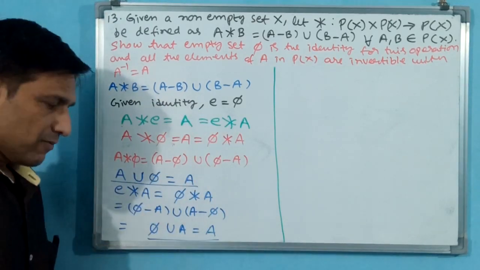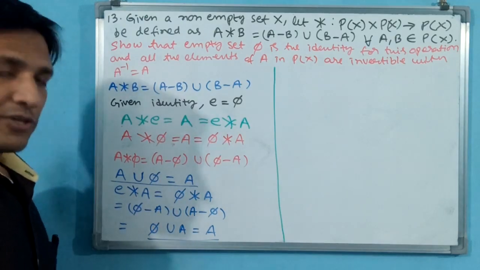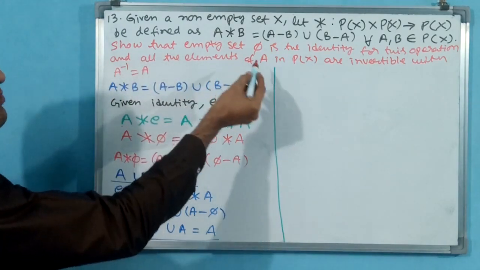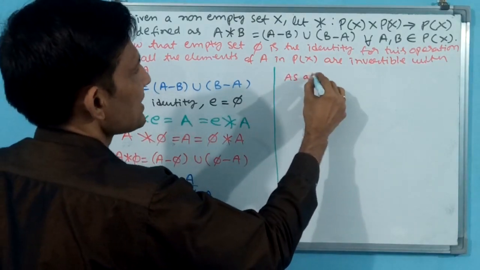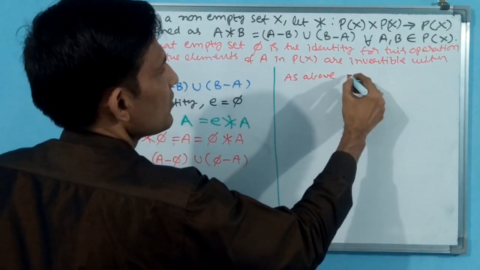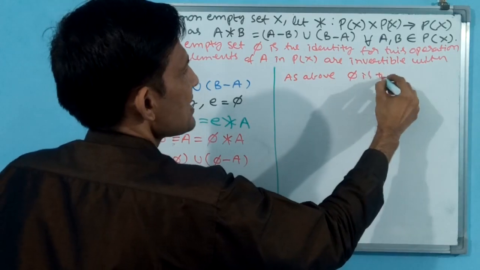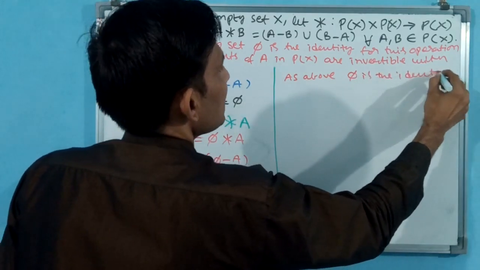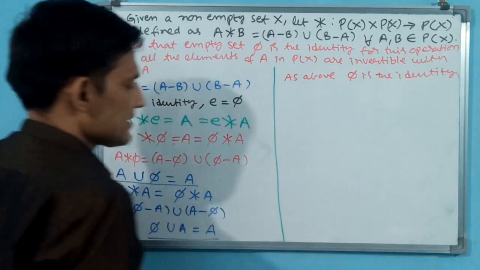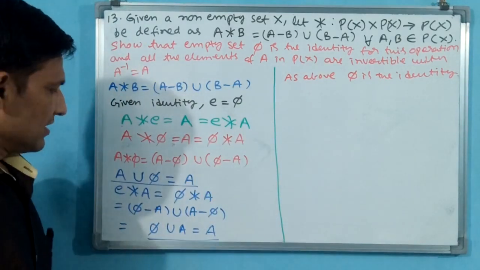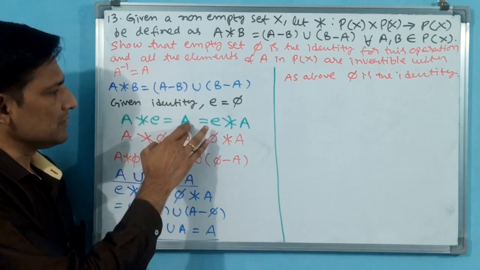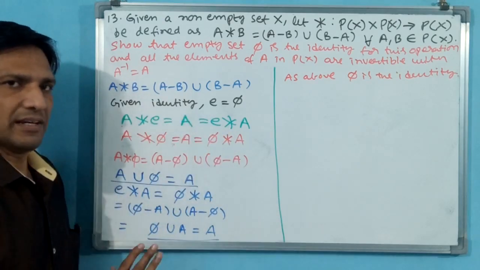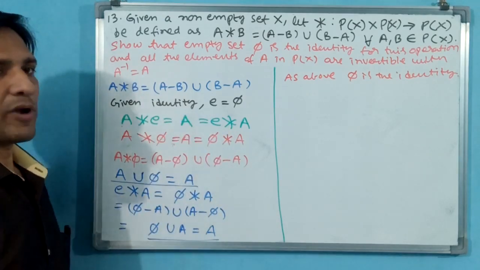Okay, therefore, show that the empty set is the identity. As above, you write like this: as above, 5 is the identity. Why? Because see, in both cases after putting 5 that equation has been satisfied. That's all. Now 50% of your problem has been over.